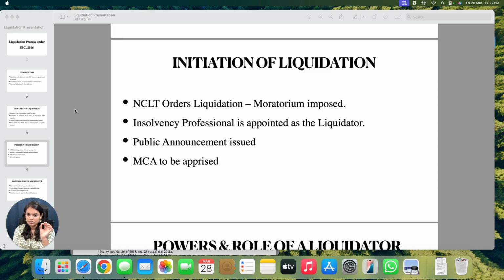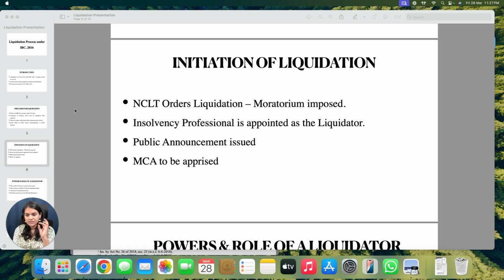And an insolvency professional is appointed as a liquidator. As we've discussed just now, an insolvency professional who meets all of the eligibility criteria may be appointed as a liquidator.